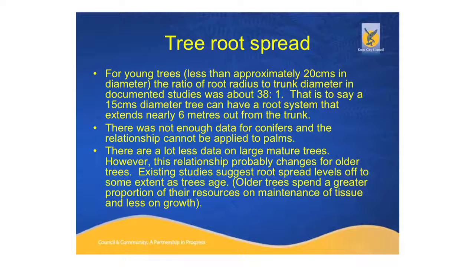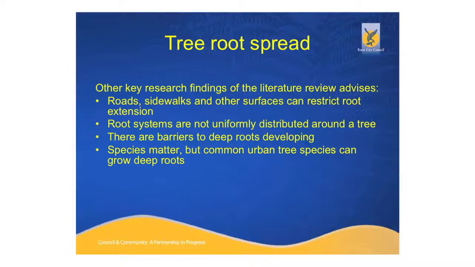Other key research findings of the literature review advise roadside works and other surfaces can restrict root extension. They're not always restrictive. The number of times that I've read in reports, there are no roots under this garage, and I say, look, humour me, just dig a trench there, and you find masses of roots underneath the garage.